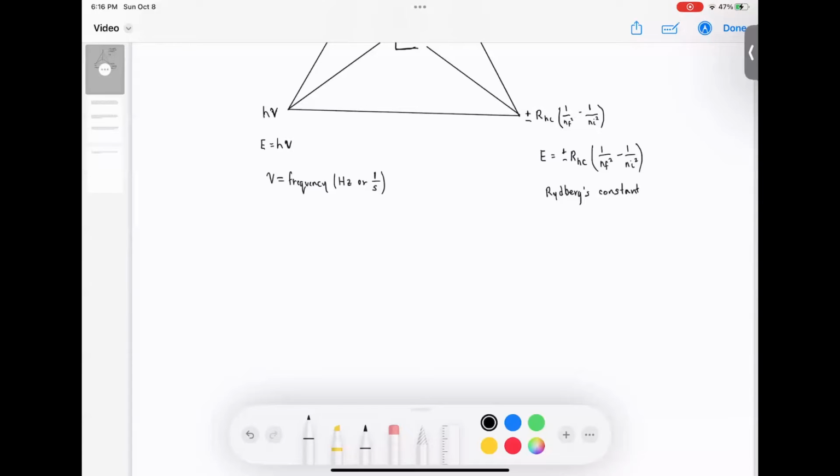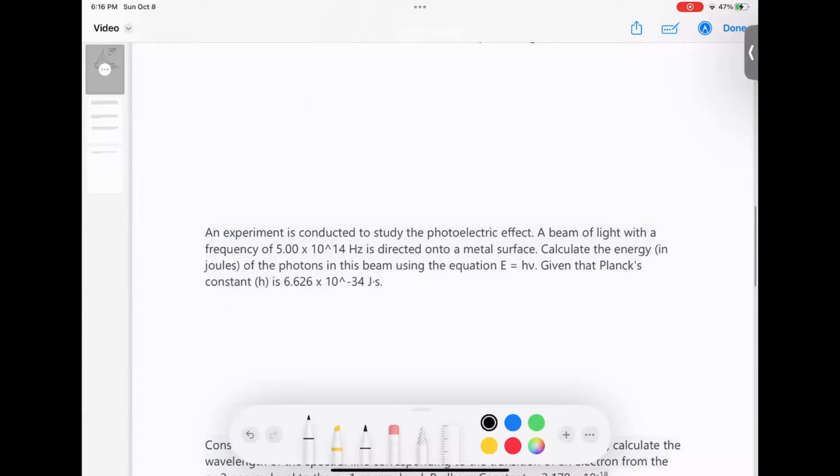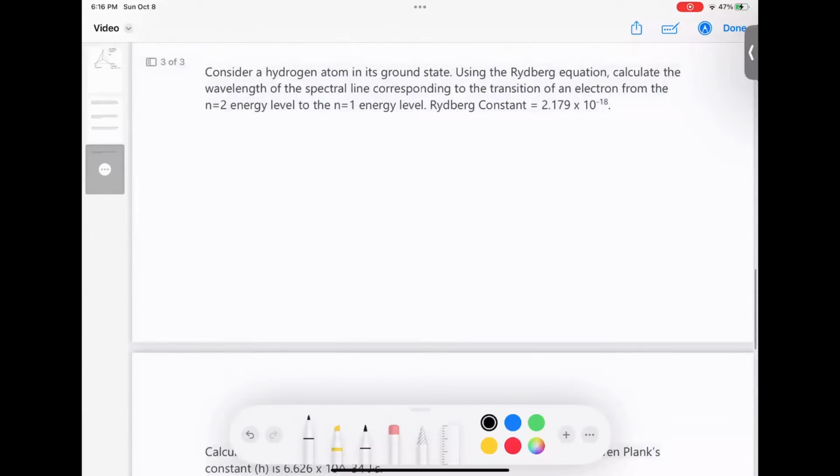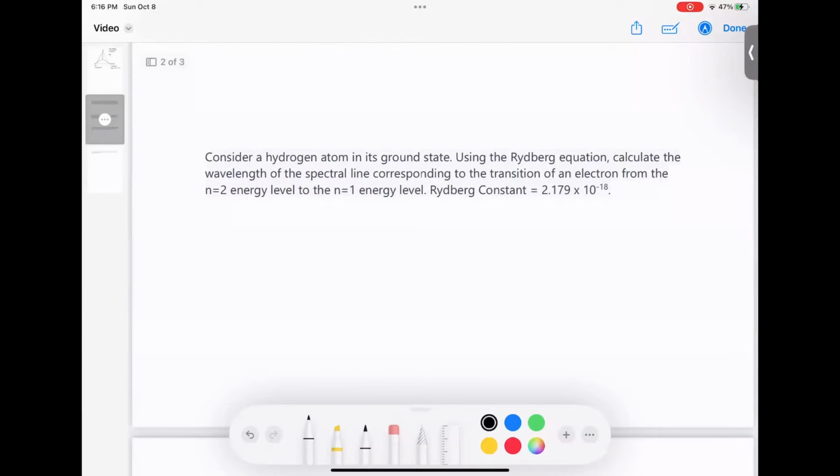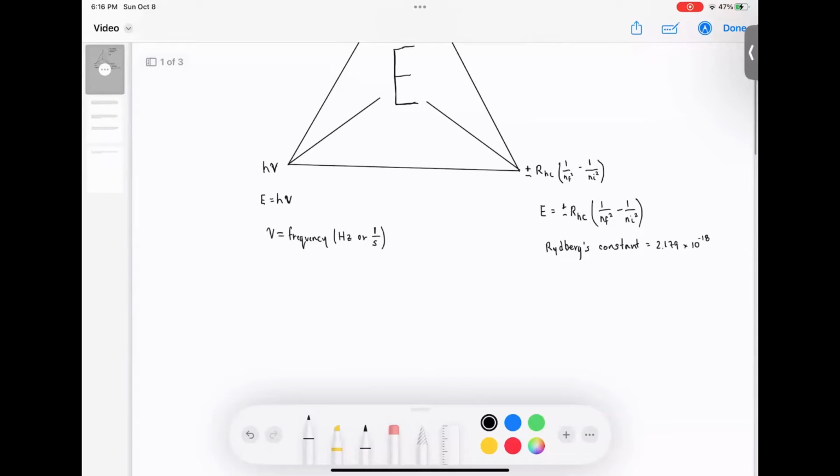It is equal to 2.179 times 10 to the power -18. We don't have to worry about units for this one, because Rydberg's constant does not have units.